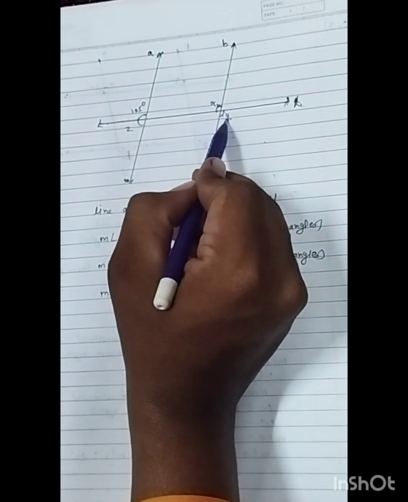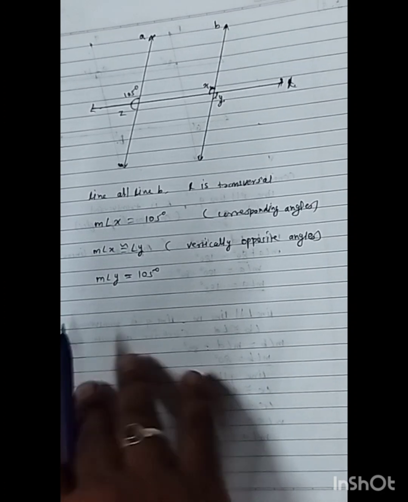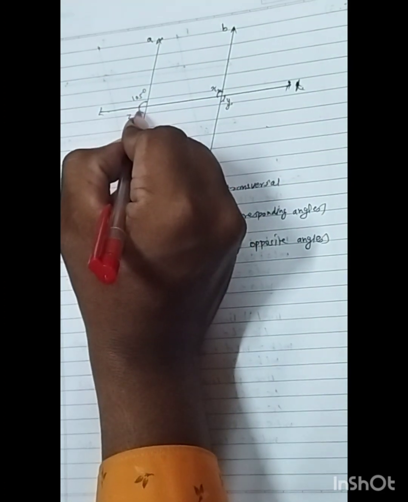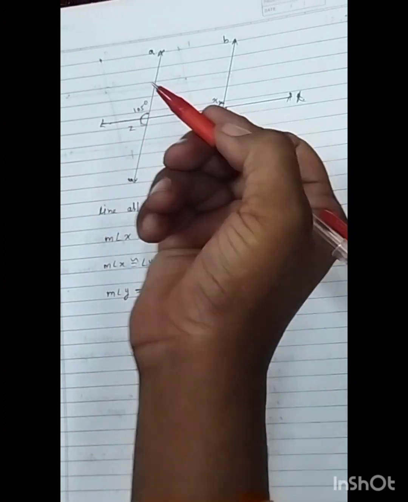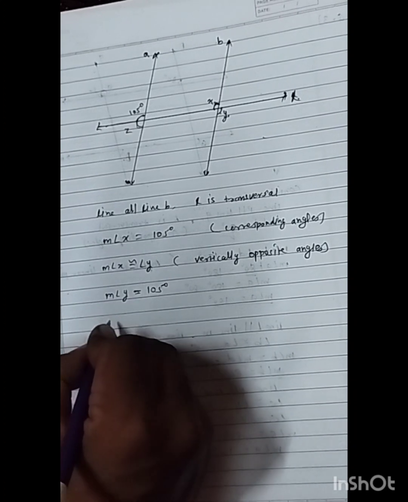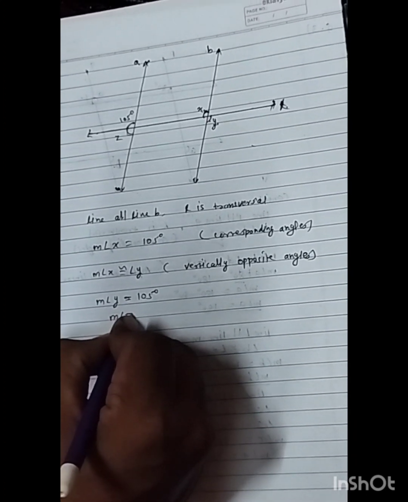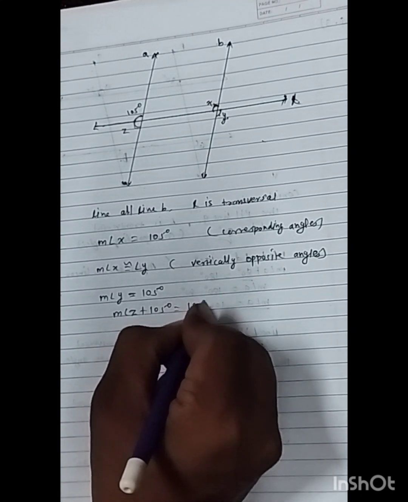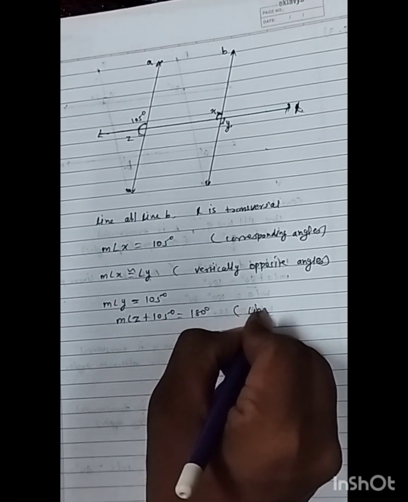Okay. Now we got this. We have to find the measurement of angle Z. So when you see measurement of angle Z and this 105, which is already given in the figure, both are in linear pair angles. Okay. So you can write measurement of angle Z plus 105 is equal to 180 degree. What is the reason?